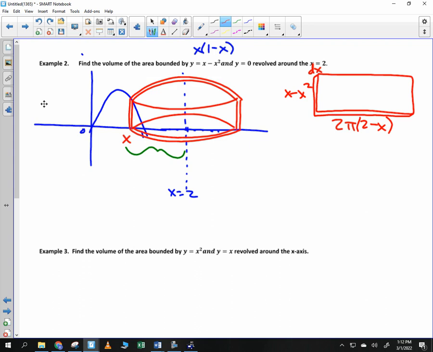Hopefully you can see the types of problems I've been trying to show you, to prepare you for these moments so that it doesn't seem totally make-believe. So if we want to find this volume, we take 2 pi times 2 minus x times x minus x squared dx.